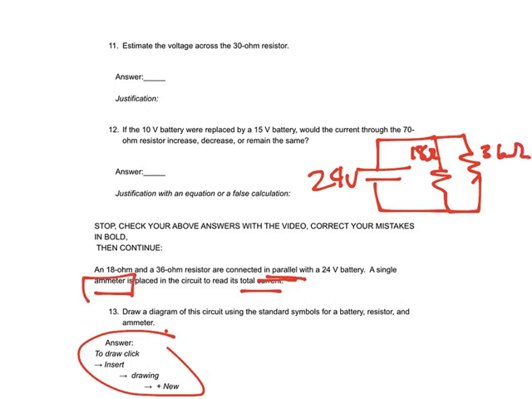The ammeter is less of a big deal, but if I want to read the total current, I can't place it on one tiny line or another line. It has to be on a main line, which could be here or here. It has to be on a line that the 18 and the 36 share, so an electron has to pass through there to get to either one.